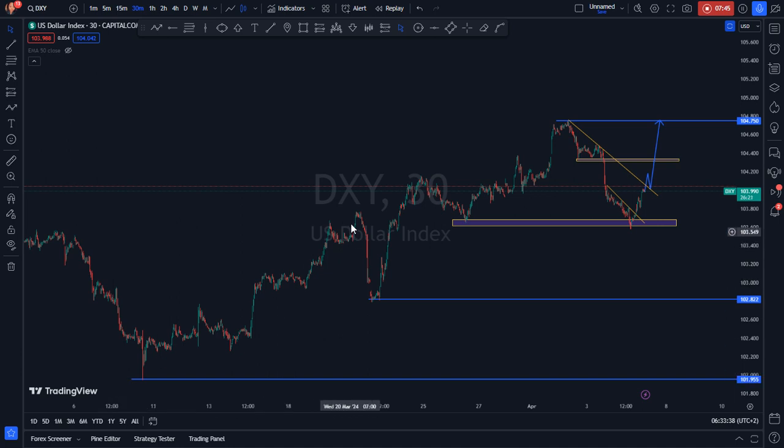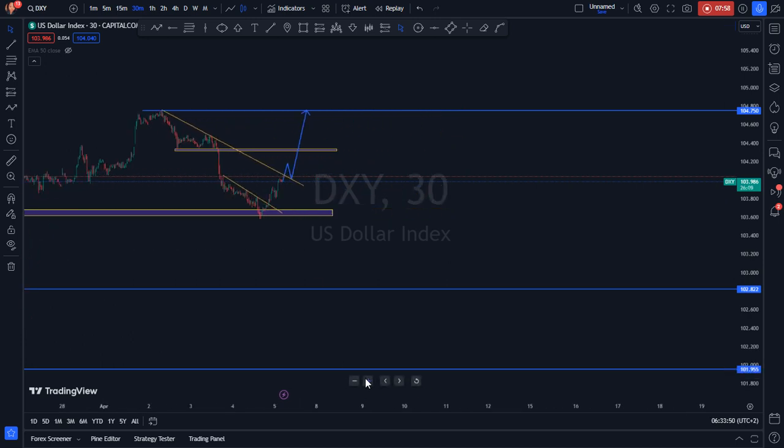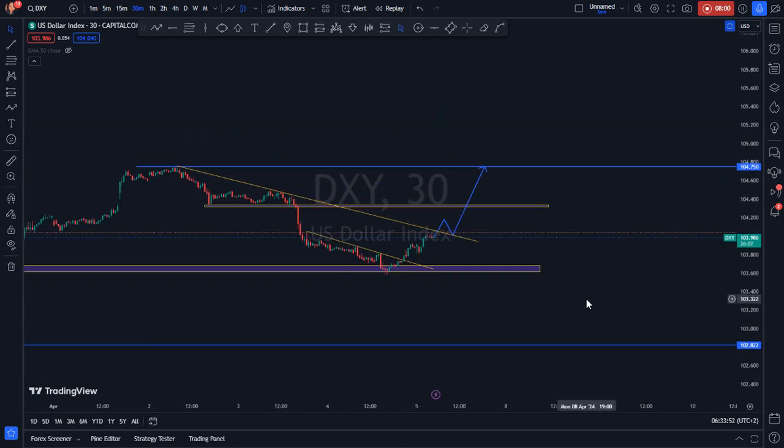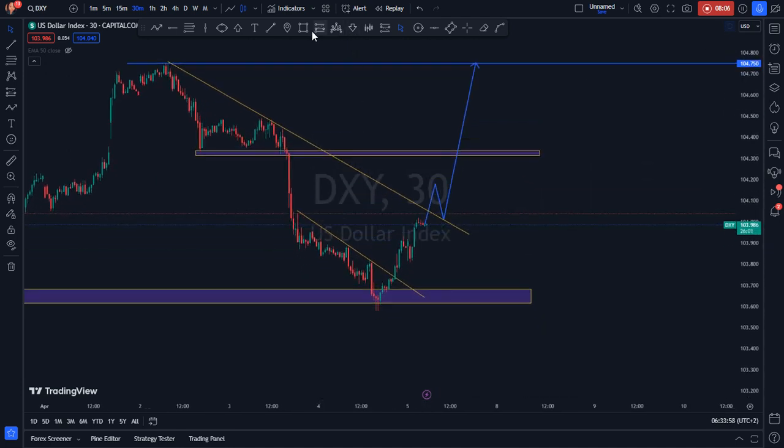As you can see, impulsive, correction, impulsive, correction, impulsive, correction, and then the market is going to give us another impulsive move. So we need to be careful at this point right here. Hence I'm saying that around the time of NFP, we just have to wait and see how the structure is looking.